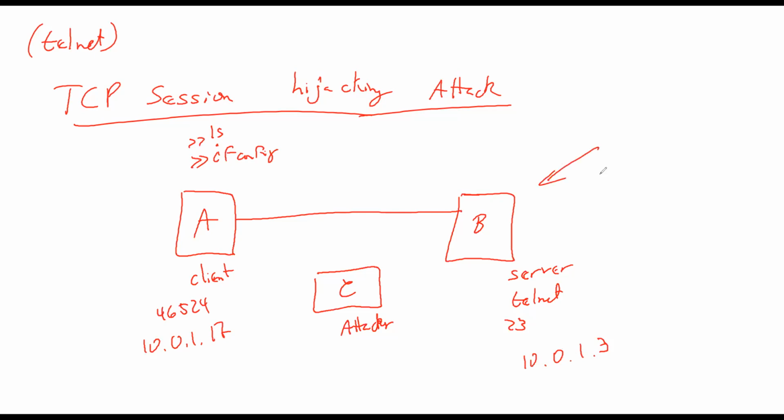So basically, what's happening here is that you send a packet from here with the commands. So you send, let's say, ls, and then maybe the new line character, etc. That is for the ls command. Those arrive at B, the server.